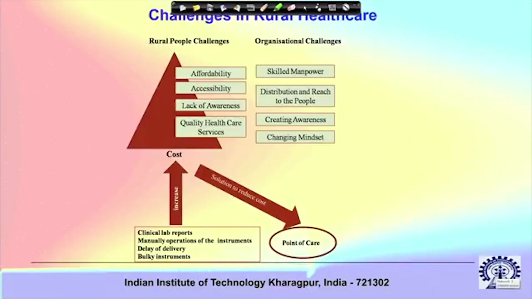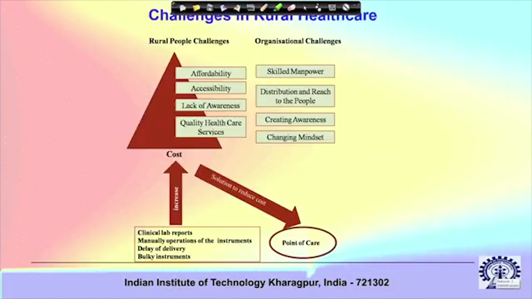So, let me discuss then some of the challenges in rural healthcare. These challenges are important, and I would say that some of these challenges are possible to be overcome by microfluidics based technology.